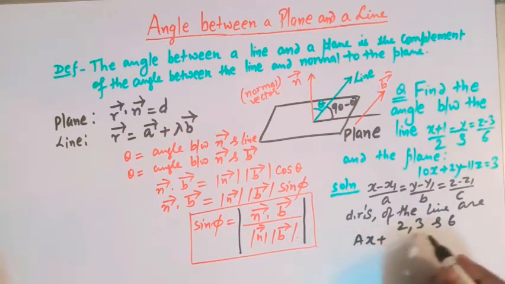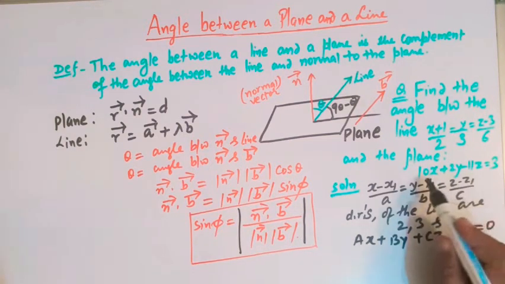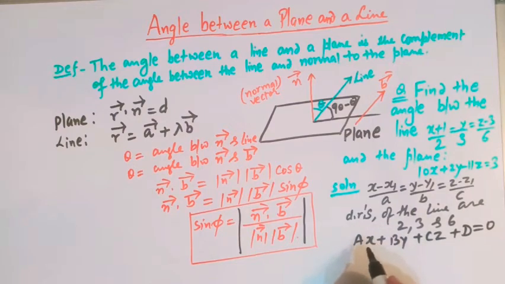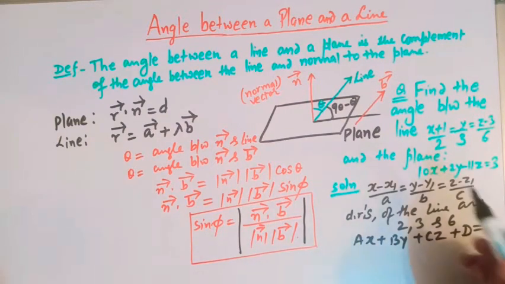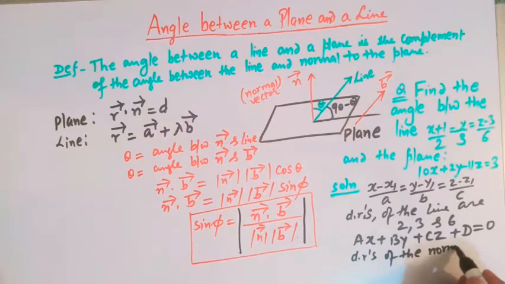The Cartesian equation of the plane is given in the general form, capital A x plus capital B y plus capital C z plus D is equal to 0, and from here we see that the direction ratios of the normal to the plane are capital A, capital B and capital C. So here the direction ratios of the normal to the plane are 10, 2 and minus 11.